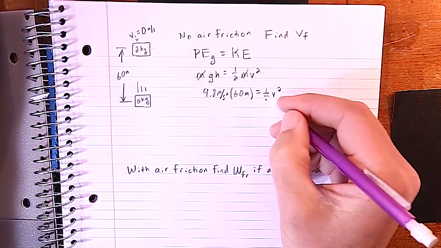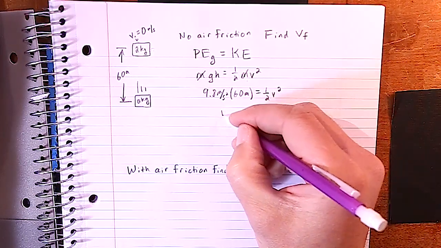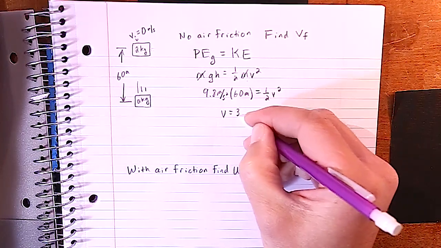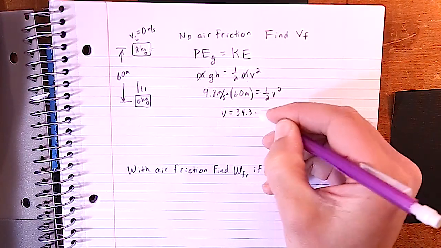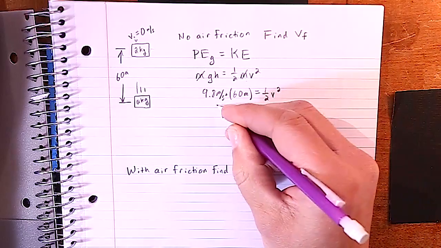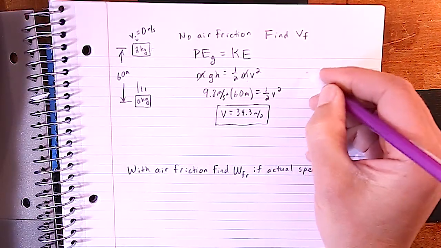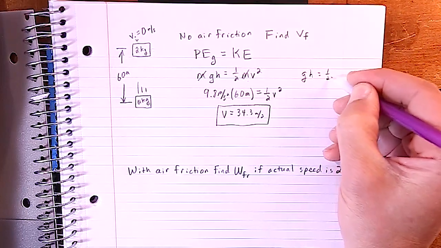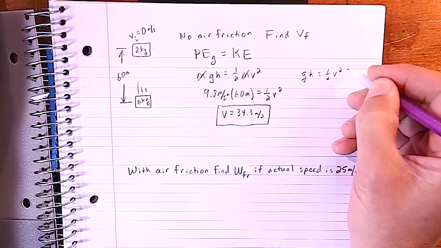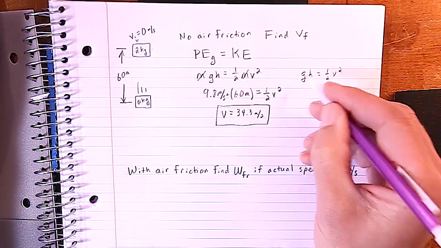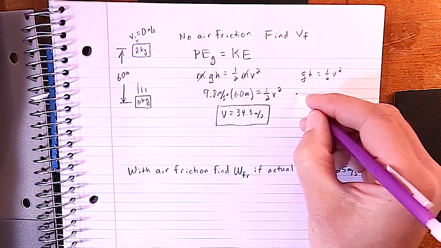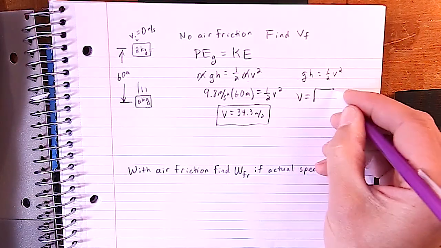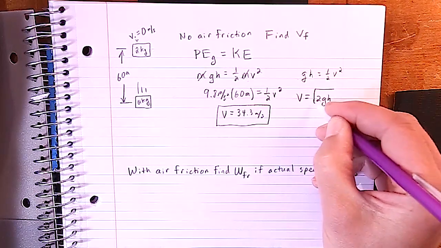If we solve for v, we end up with 34.3 meters per second. We also could have done this as a derivation and said that gh equals 1/2 v squared, and bringing the half to the other side by multiplying by 2, we would have v equals the square root of 2gh.